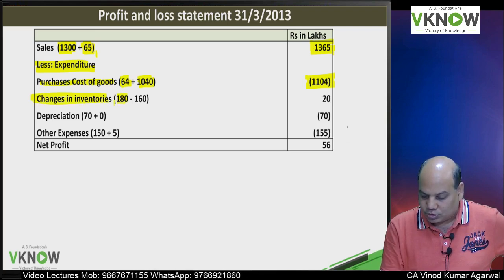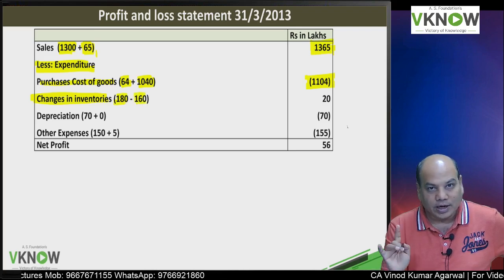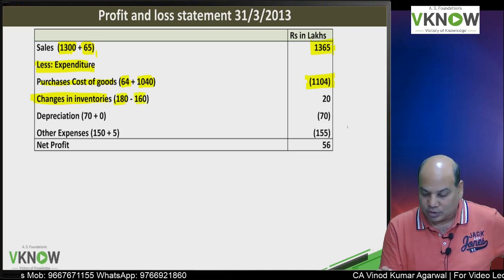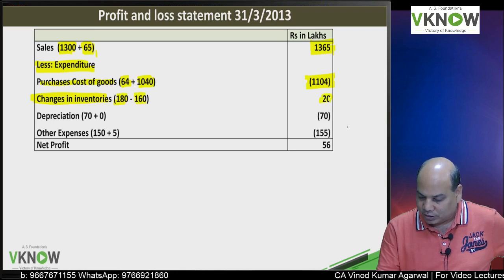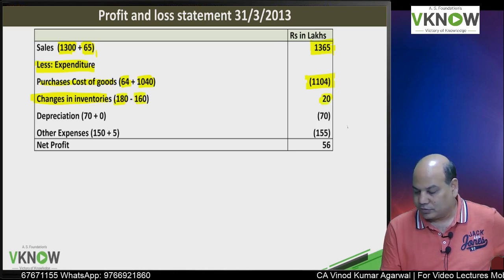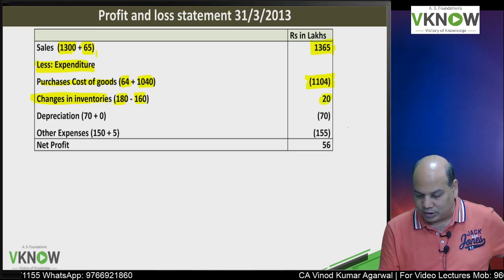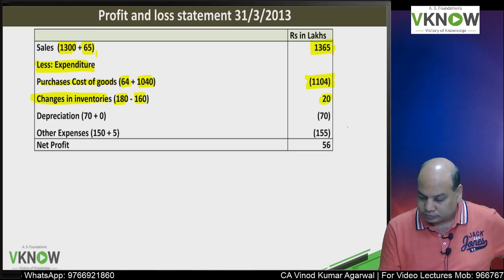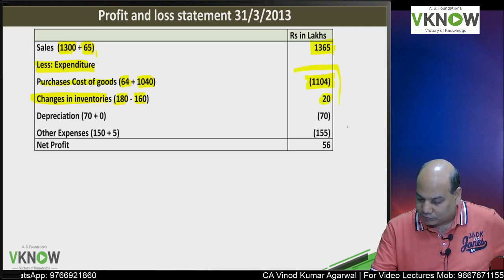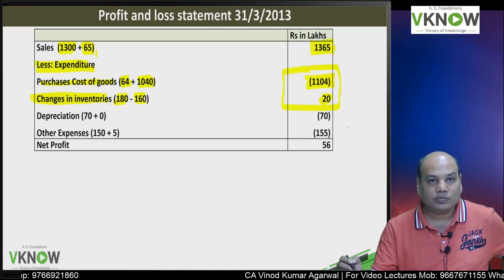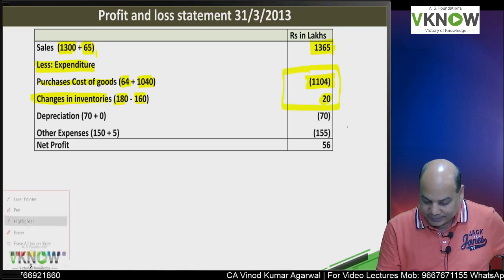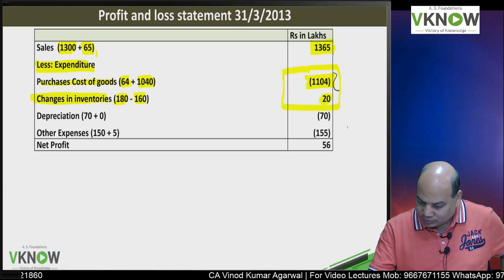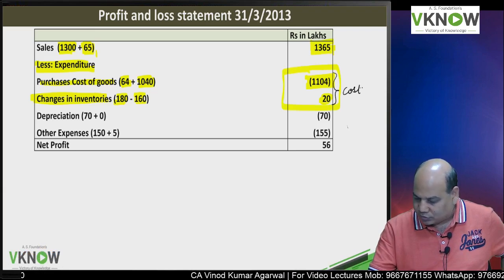Our closing stock is 180 and opening stock is given in trial balance first line debit side 160. So change in inventory 20. Is it right? The net effect of these two items is called cost of goods sold.